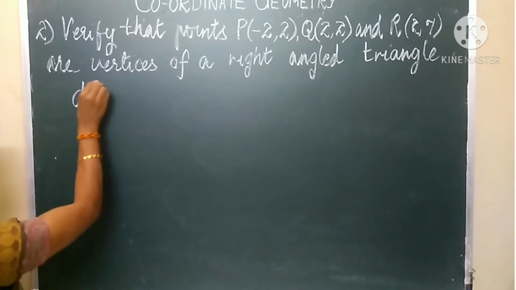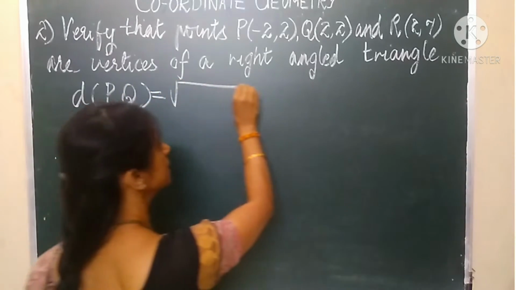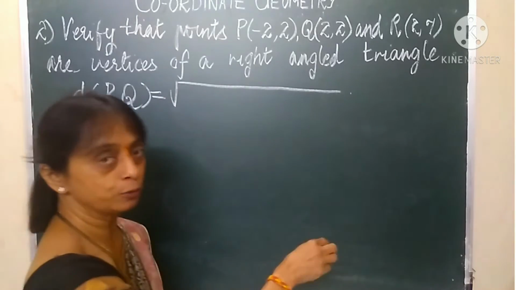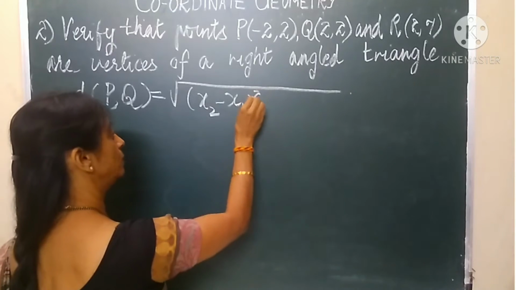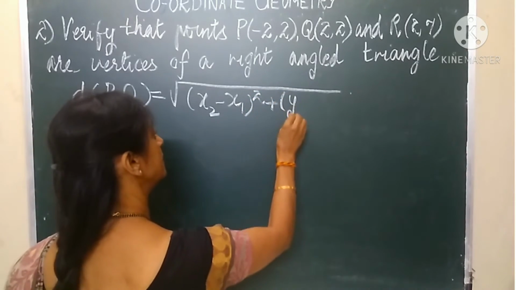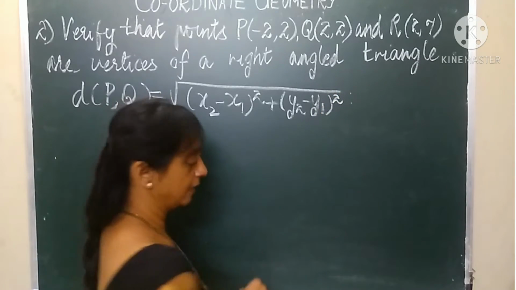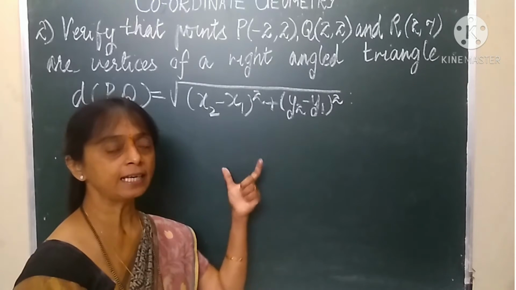First, distance PQ. Let's first jot down the distance formula. It is equal to square root of x2 minus x1 the whole square plus y2 minus y1 the whole square.